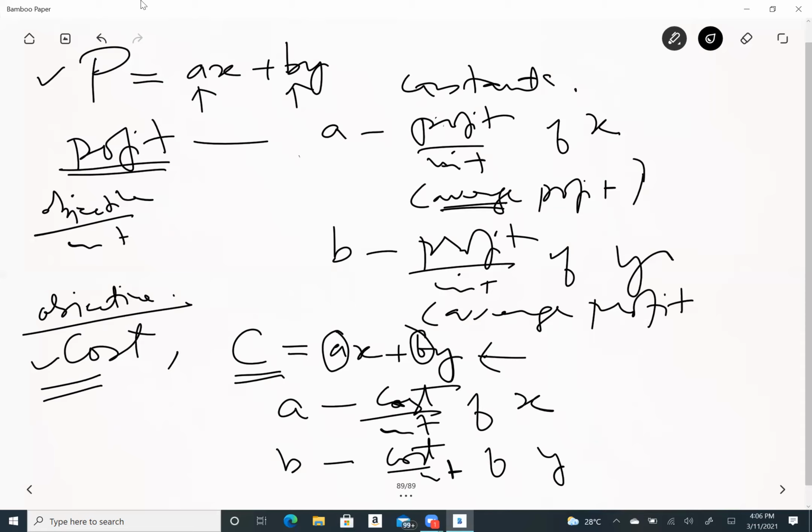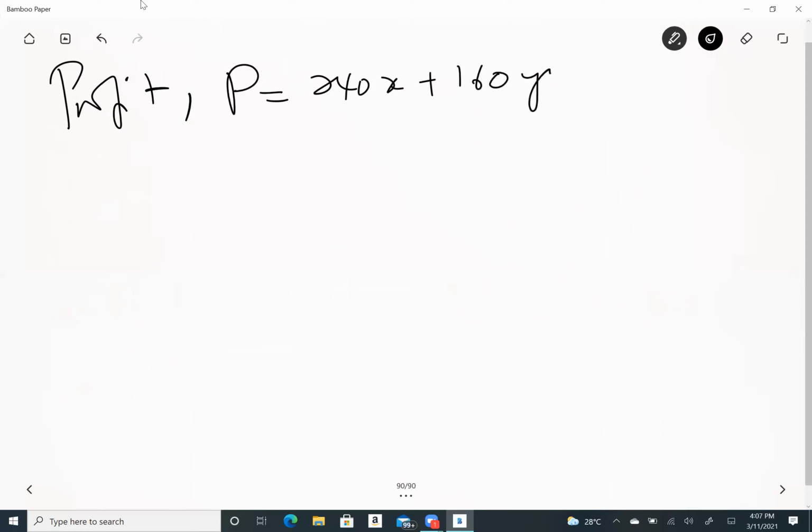So if you look at part A, what is the profit per unit for corn? Profit per acre for corn is 240, and the profit of soybean per acre is 160. Therefore, our profit function P is equal to 240x plus 160y. Given the information, you write it down.